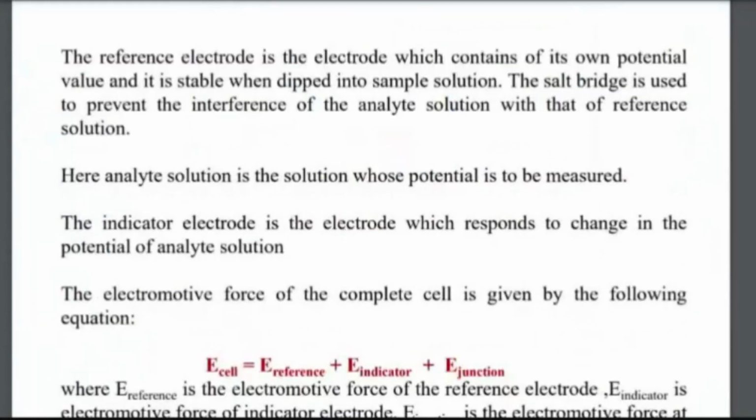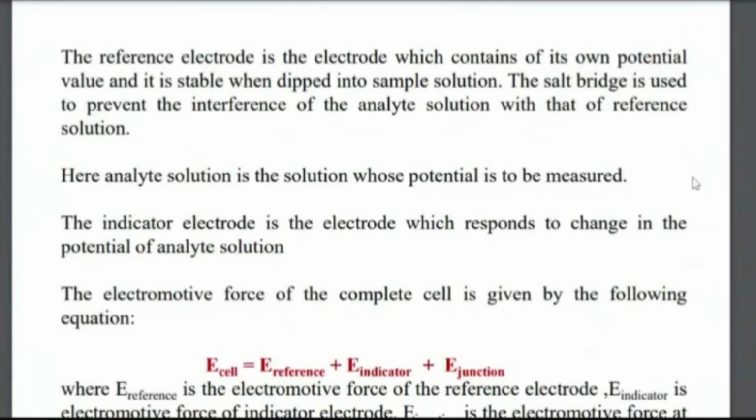So what is the reference electrode? A reference electrode is the electrode which has its own potential value and it is stable when dipped into the sample solution. The salt bridge is used to prevent the interference of the analyte solution with that of the reference solution. Now, when we say analyte solution, it is a solution whose potential is to be measured.